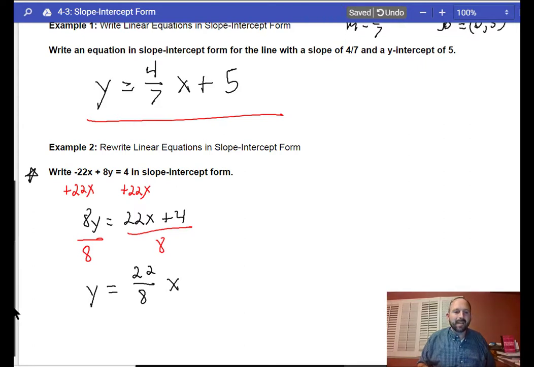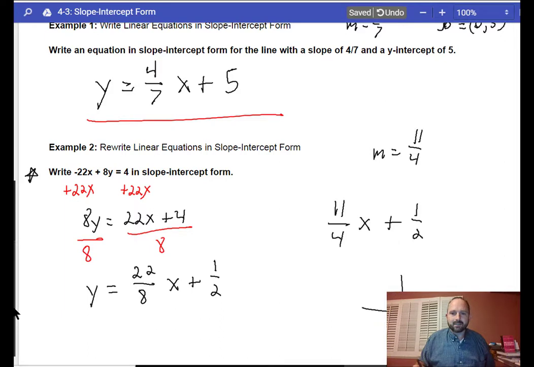And 4 divided by 8 is 1/2, because 4/8 is 1/2. Now I'd probably want to simplify this. I'd probably divide by 2 on the top, divide by 2 on the bottom, but I would leave it like this because the slope would be 11/4. And it still hits at (0, 1/2).